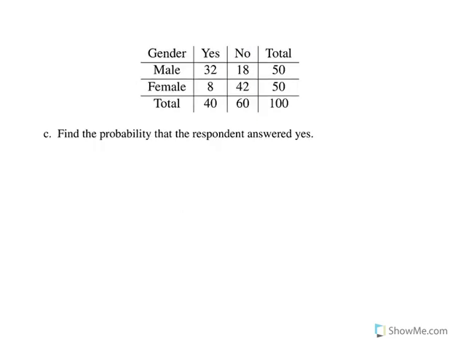The next one is, find the probability that the respondent answered yes. There is nothing given here, so it's not a conditional probability. It's just the probability that the respondent said yes. So in this case, you are looking at the total number of people. So how many said yes?